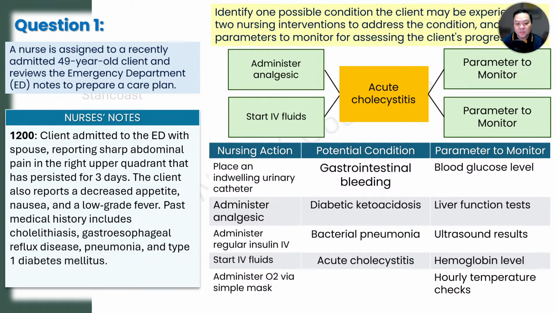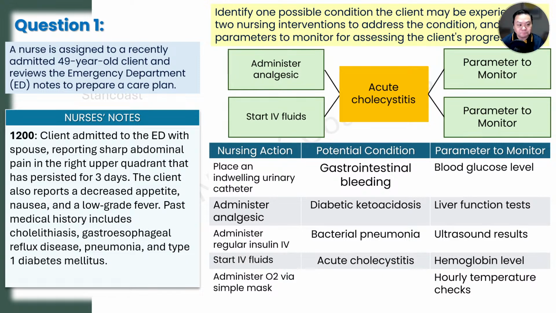We know that with acute cholecystitis, pain management is very important. And so that would be one of the key interventions that you should provide to your patient. Another is starting IV fluids, because we know that hydration is really important, especially that we're going to place this patient on NPO status.